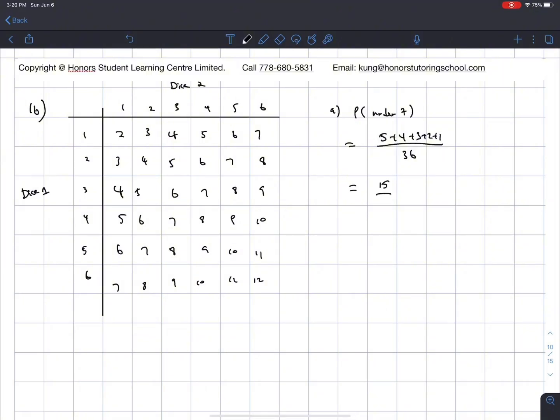So that's 15 out of 36. And then B, the probability of getting 7 is just 6 out of 36.